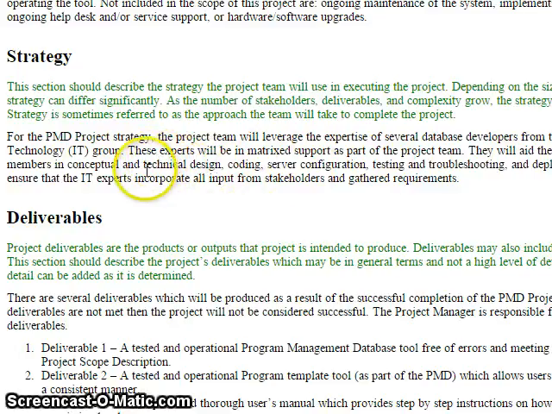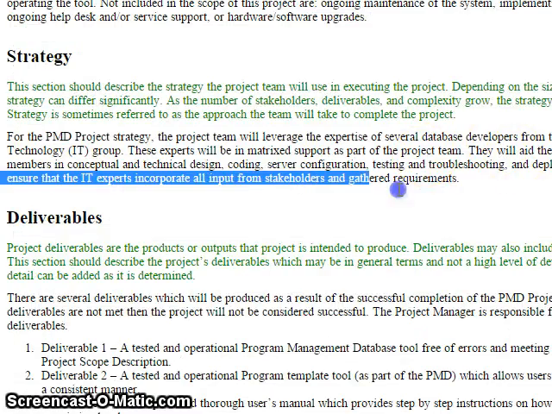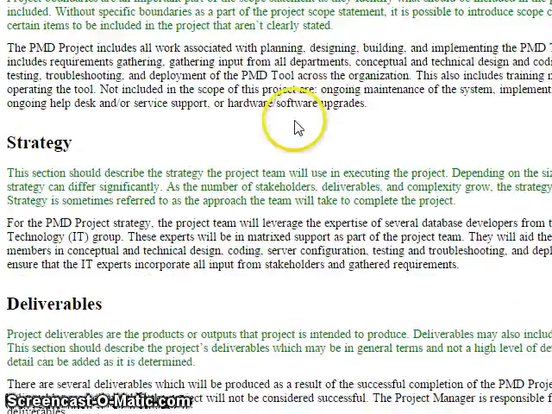Developers should sit with the managers and the staff to understand what we need for the technical design, and they should do the coding, server configuration, testing, conversion, and deployment completely. The project manager will ensure that IT experts incorporate all input from the stakeholders. Of course, this is a very general statement. So that's pretty much it.